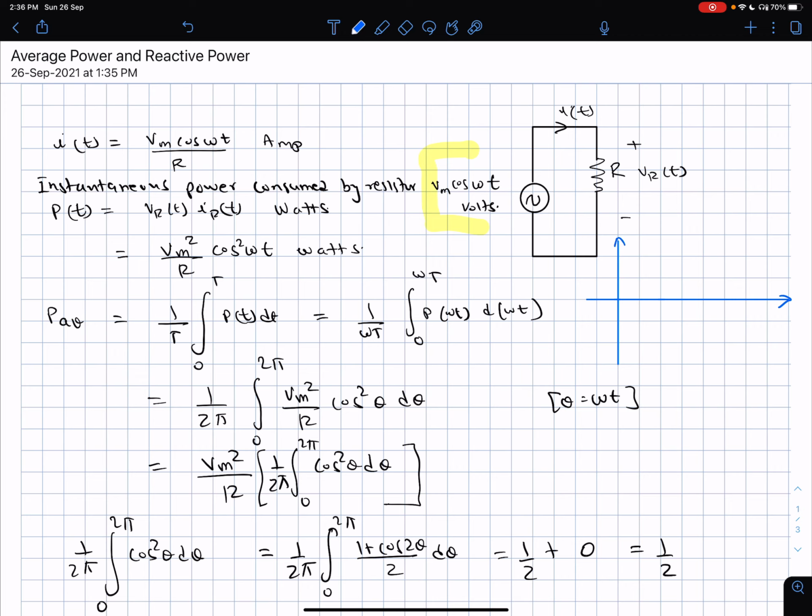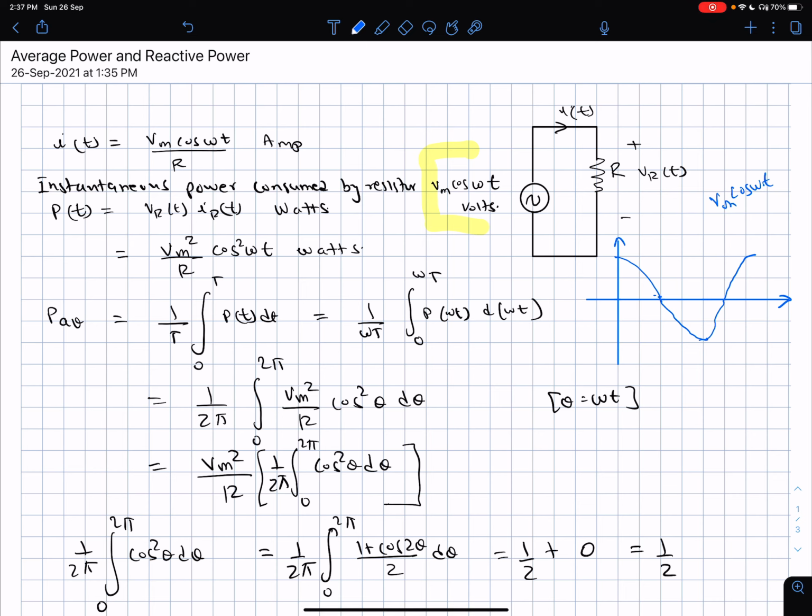Let's say we have a cos signal, so it comes to 0 here, goes to its negative peak here, comes back to 0, and then increases to its positive peak here. This is my Vm cos of omega t signal.